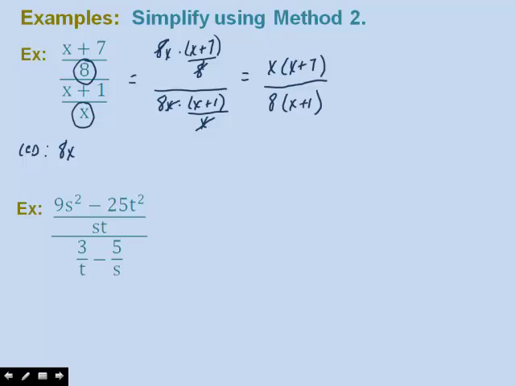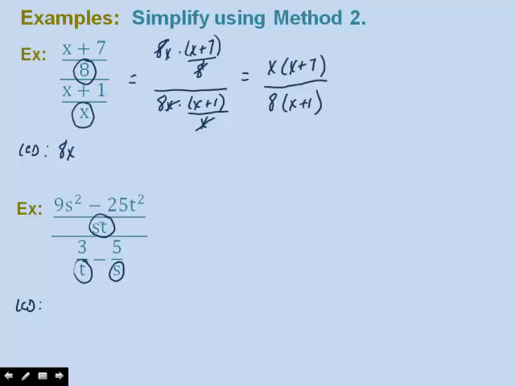In the numerator for this one, we only have one rational expression, so we're looking at a denominator of st. Then in the denominator we have two rational expressions, with a denominator of t and a denominator of s. So we're looking for the LCD for all three of these rational expressions.